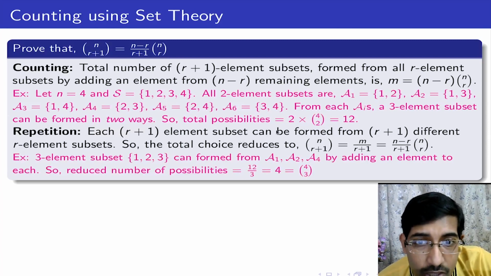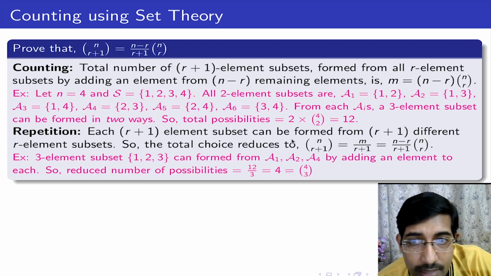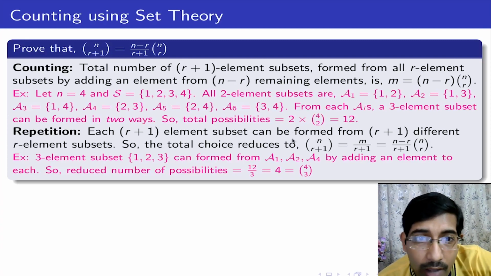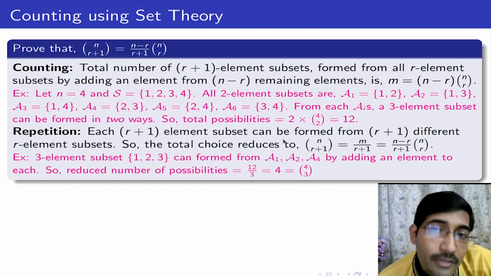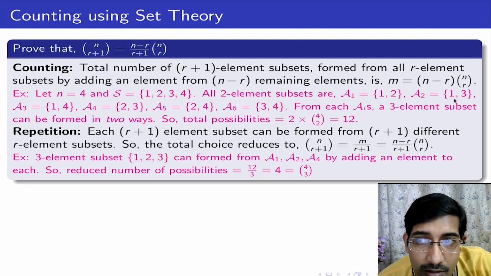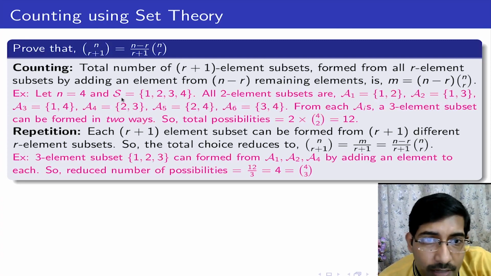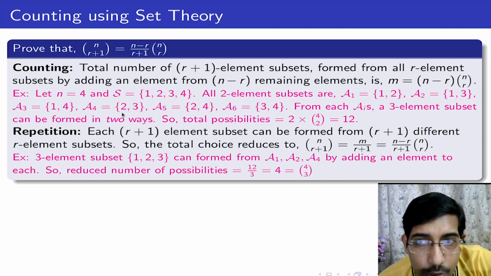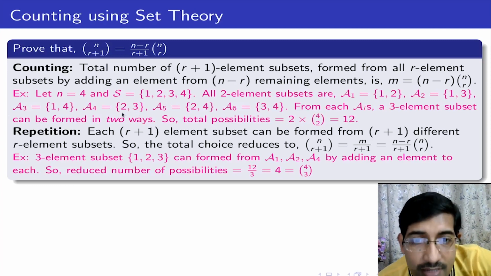Each r plus 1 subset can be formed from r plus 1 different r element subsets, because the 3 element subset {1, 2, 3} has been formed from {1, 2} by inserting 3, from another set by inserting 2, and from another set by inserting 1. Therefore A1, A2 and A4, these 3 sets help us construct the same set {1, 2, 3}.